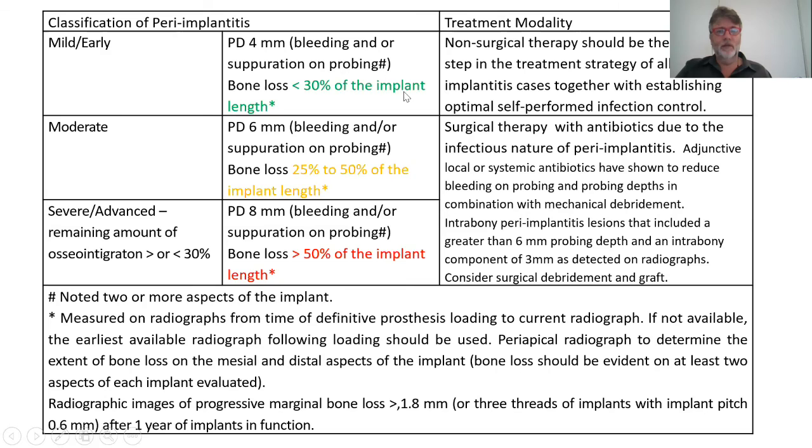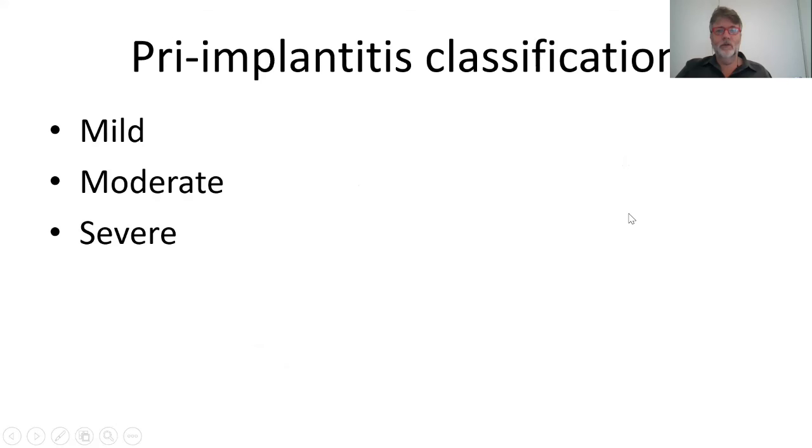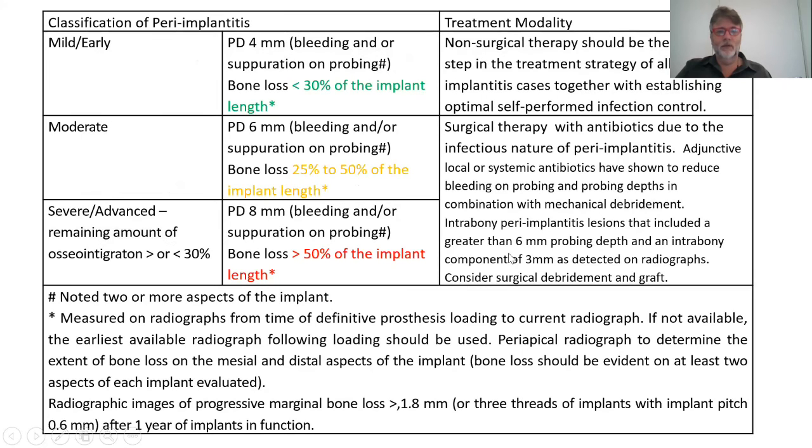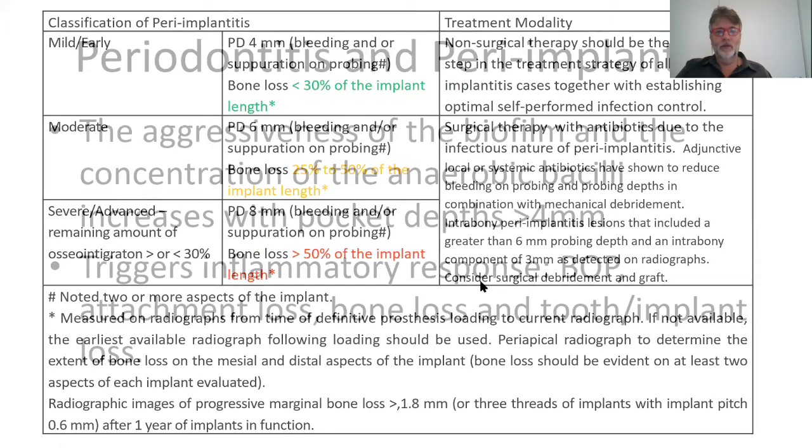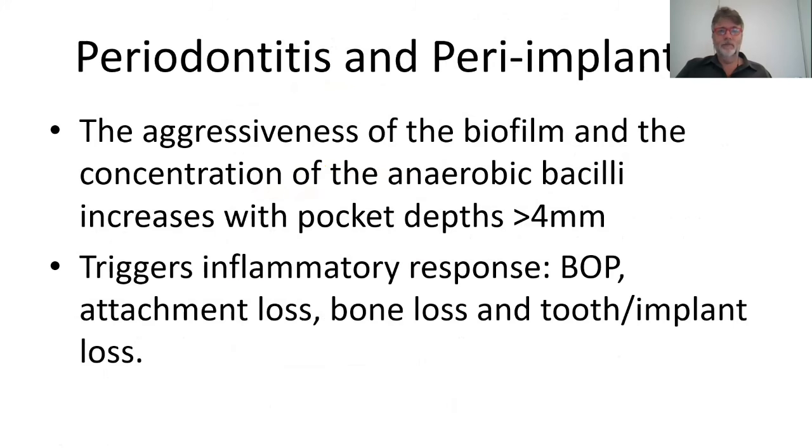But I look at the percentages more, like up to 30%, it's early. If you're going from 25 to 50%, then it's moderate, or advanced coming on at over 50%. And then this here tells you the surgical strategies that you should be adopting when treating these kinds of defects.